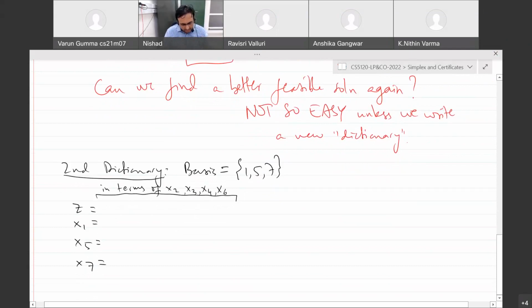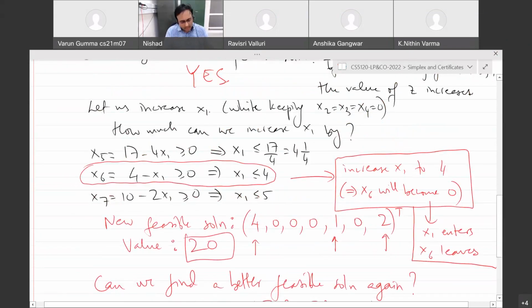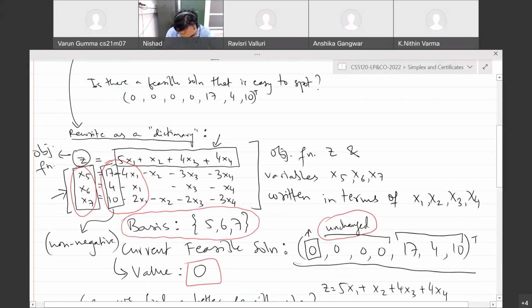And how do we achieve this? We are going to look at this constraint here because 6 was the leaving variable. And we are going to write down x1 in terms of x2, x3, x4, and x6. And then we are going to substitute that in all of the other equations to get to our desired objective. Right?